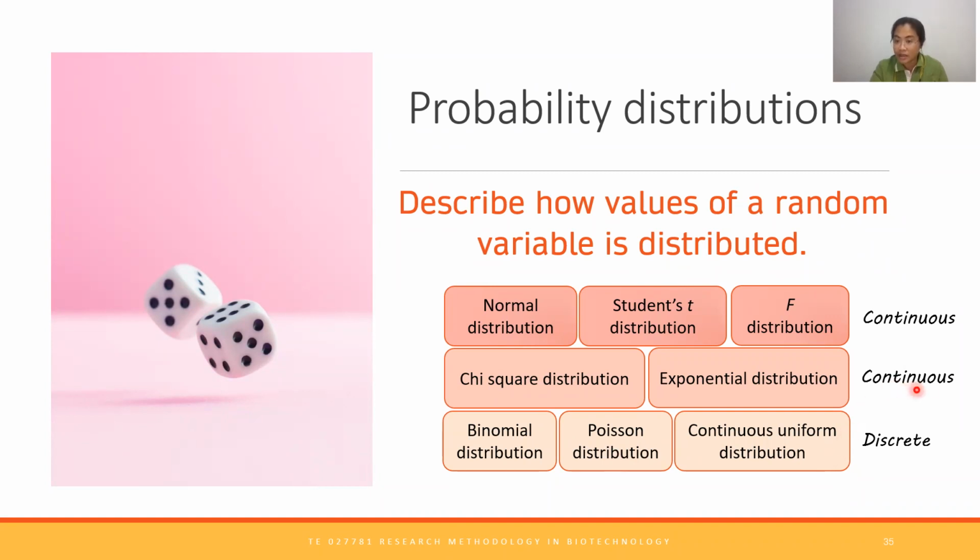For the continuous distributions, we have exponential and chi-square. There's no particular reason I put these up here, but what I want to mention is that the continuous distributions we use most are the F distribution, T distribution, and normal distribution. Maybe the normal distribution not as much as T or F.